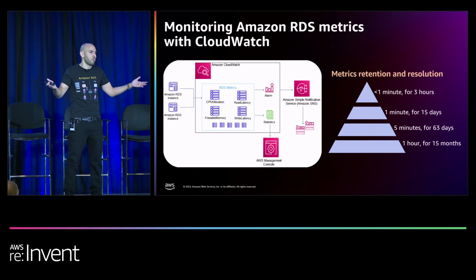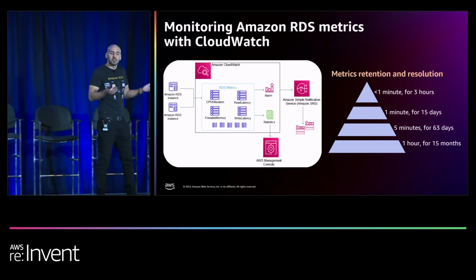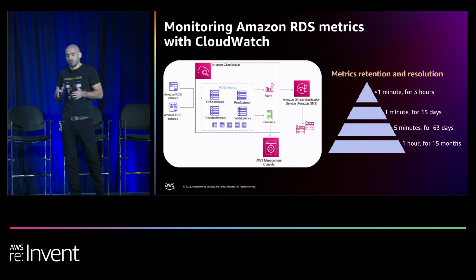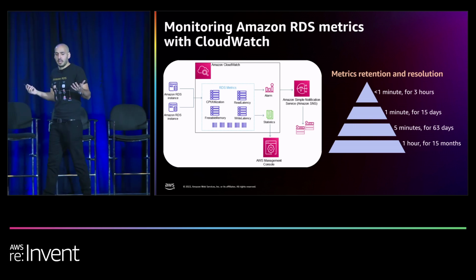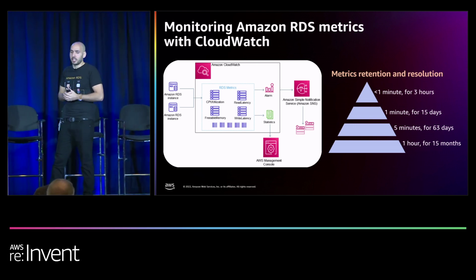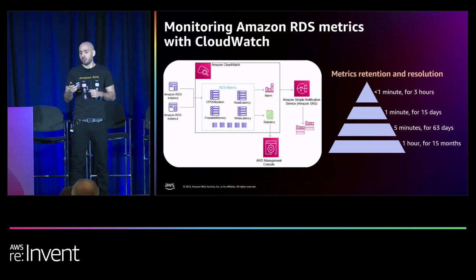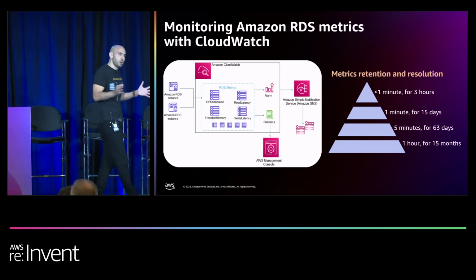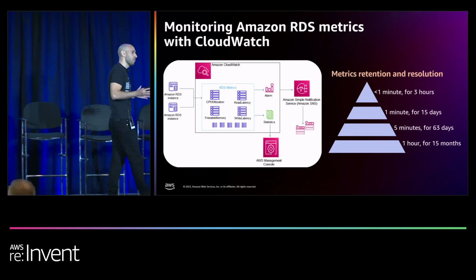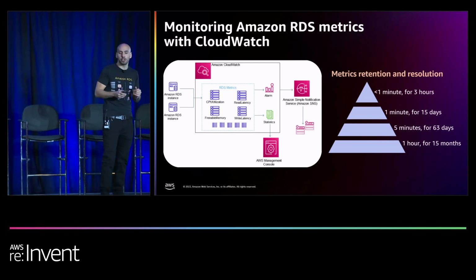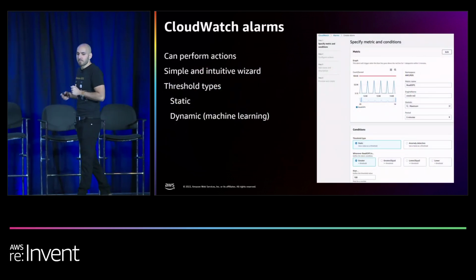It will be too many data points, too much noise, not very effective, not very efficient. This is why we have this pyramid model. This is the out-of-the-box Amazon CloudWatch pyramid model for retention and resolution. It's not something that is configurable, but I wanted you to be aware of that because this is one of the common questions I get from customers about Amazon CloudWatch.